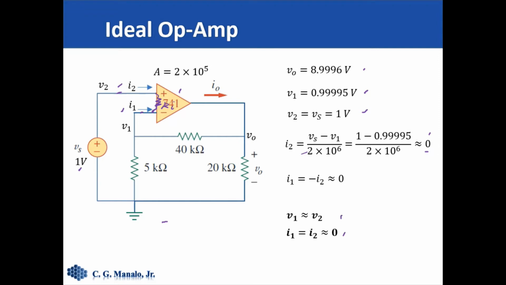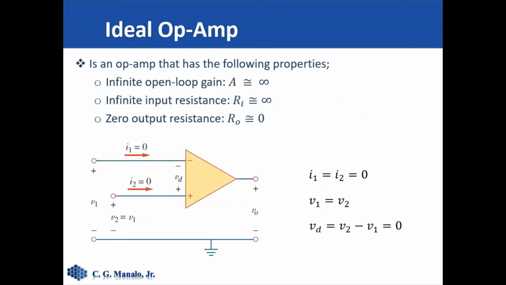So that brings us to the ideal op-amp, which states that the current that enters the inverting and non-inverting terminals is 0, and the potential voltages of the inverting and non-inverting terminals are equal. So that means that the voltage V sub D is actually equal to 0. Furthermore, ideal op-amp means that the open loop gain is equal to infinite.